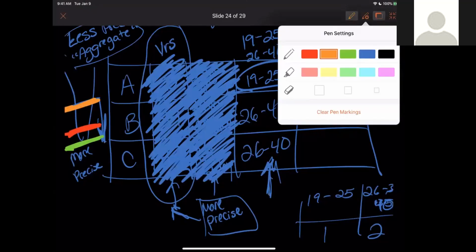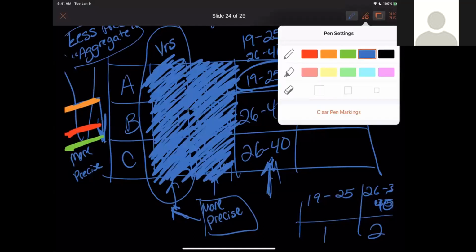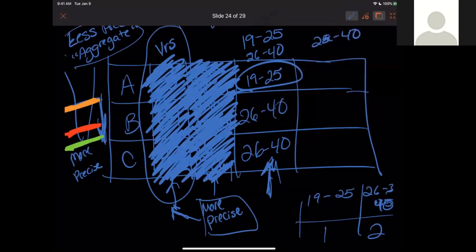But we can't ever move downward in terms of our directionality, so we can't go this way. Once you've aggregated up, and we ask somebody if they're between 19 and 39 years old, because then we have 19 to 39, we have 40 to 65, and then we have 65 plus, for example, then what happens?